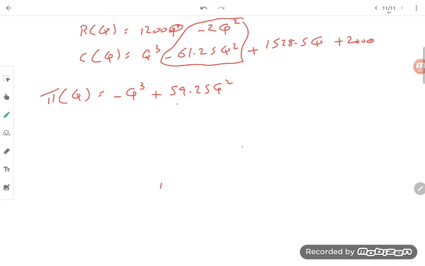And then with respect to q, we are going to subtract 1500 from 1200. So the value will be negative 388.5 q, and finally negative 2000. So we would like to find the extreme values or the critical values.